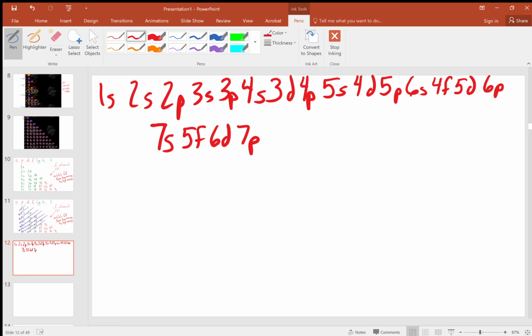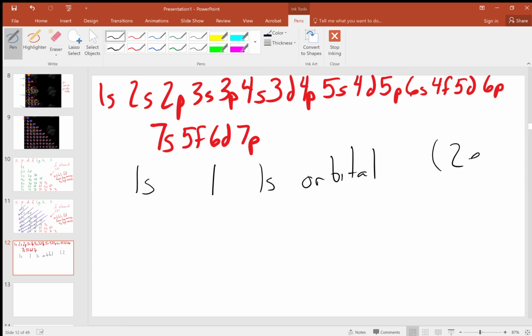Now, how many electrons can go in each orbital? Well, it depends on the type of orbital we're talking about. So if we're talking about the 1s, there is one 1s orbital. It can hold 2 electrons.